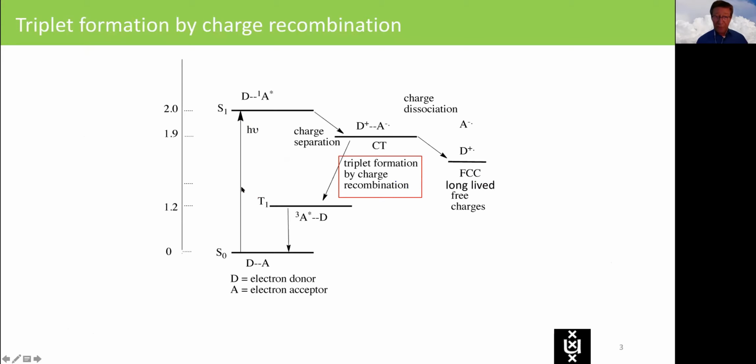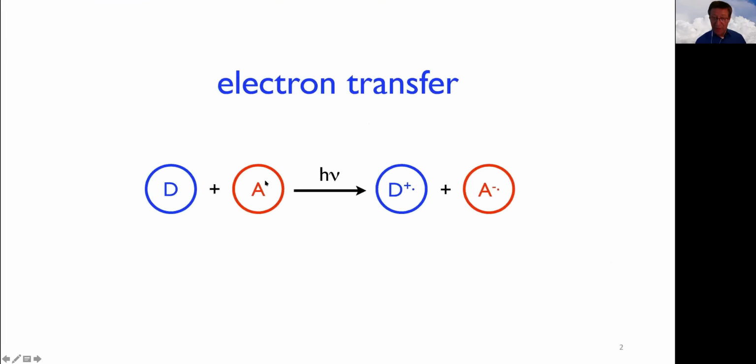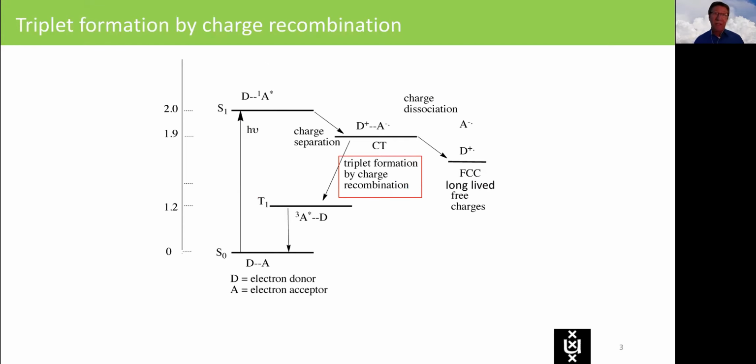So if you put an electron-rich and electron-poor species together, and we excite one of them with light, we can get the formation of charges. Now, it has been a challenge for decades to use light to create long-lived charges, either free charge carriers or long-lived charges, basically to convert the energy of photons into an electrochemical potential to, for instance, do reactions.